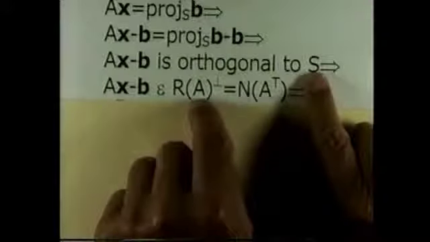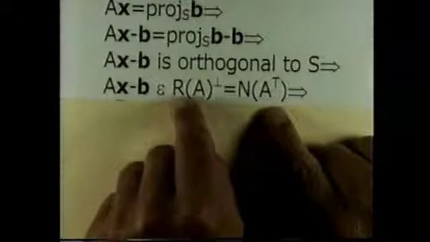That means that Ax minus b is orthogonal to S. Now, if Ax minus b is orthogonal to S, then it is orthogonal to the column space of A, because the column space of A is S. So Ax minus b is an element of the orthogonal complement of the column space of A.